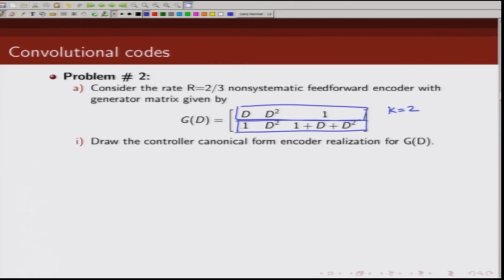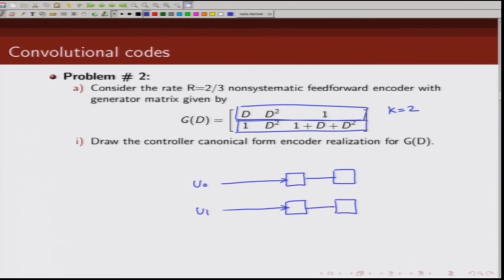Now, what should be the maximum memory for each of these shift registers? You can see here the maximum power of D is 2. So, we should have 2 memory elements for the first input. Similarly, for the second input also we should have 2 memory elements. Let us call them U0 and U1.